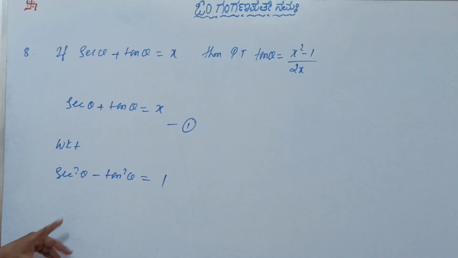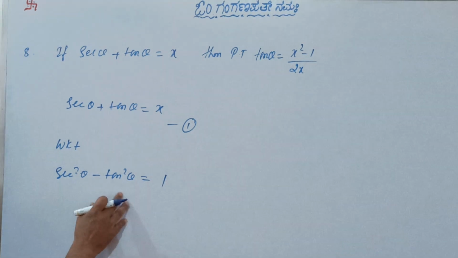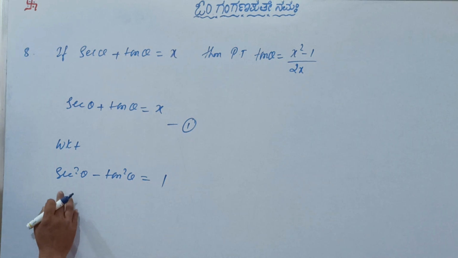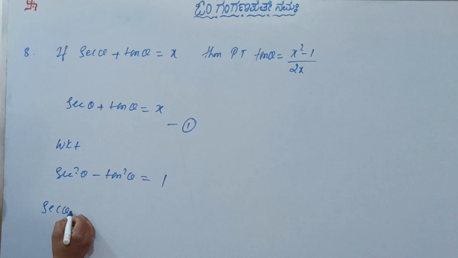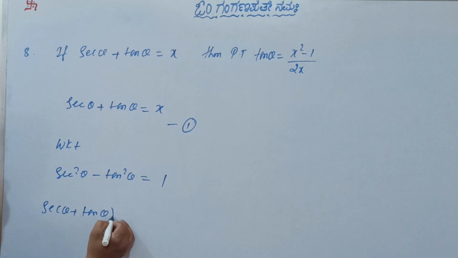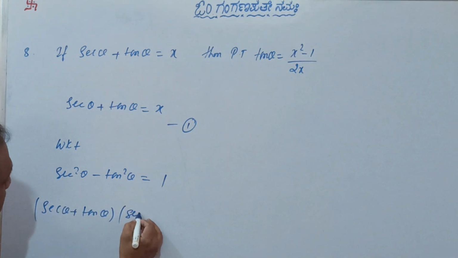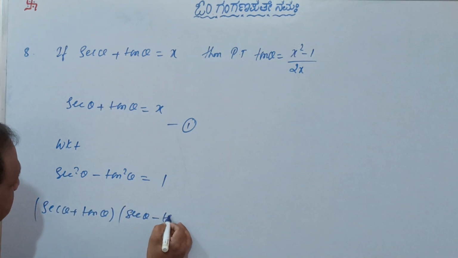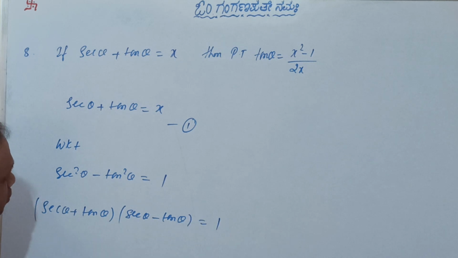So here this is of the form a square minus b square: first a plus b, sec theta plus tan theta, a minus b, sec theta minus tan theta, is equal to 1.